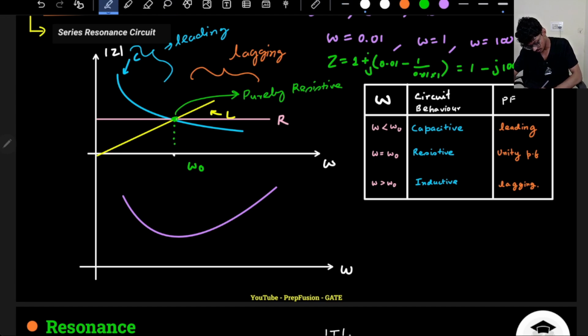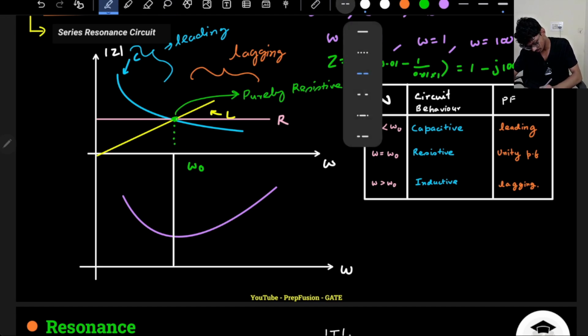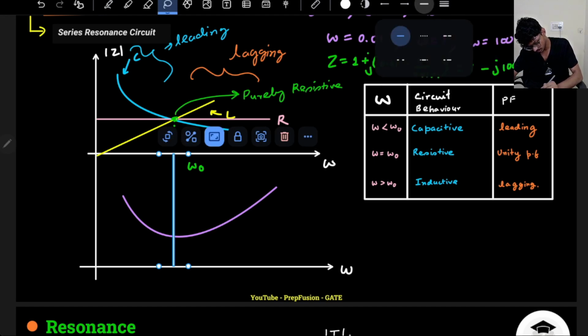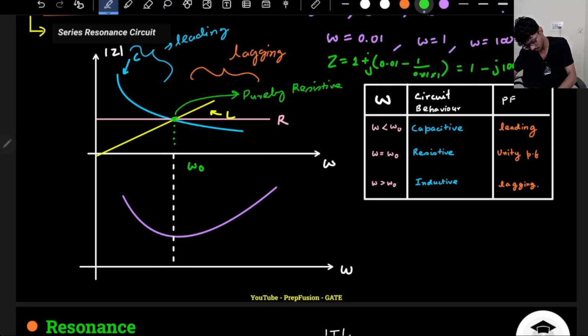So this is the frequency, resonant frequency, and this is the impedance basically.